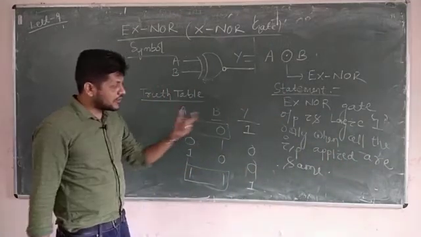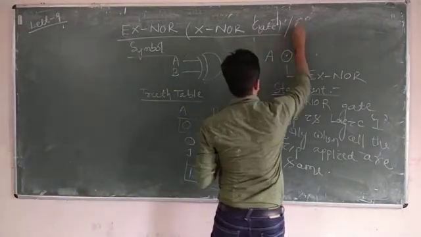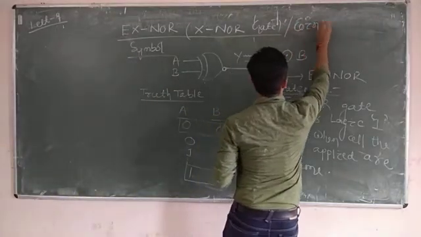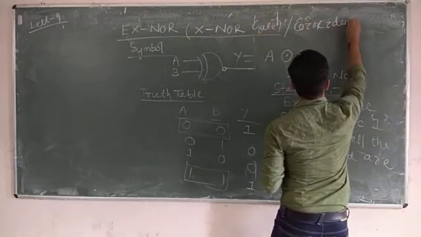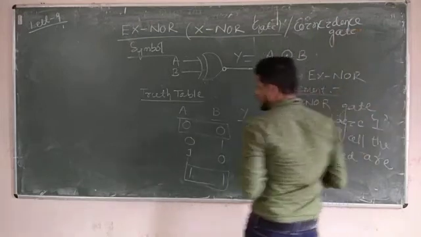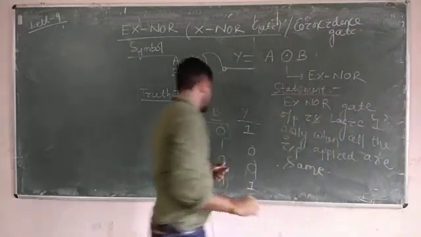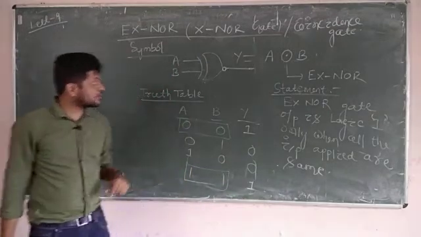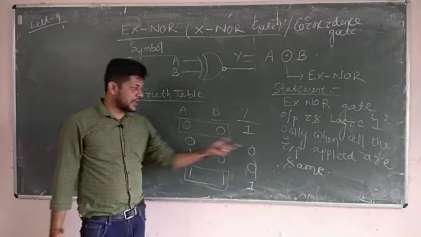Hence, another name for this exclusive NOR gate is coincidence gate. So the exclusive NOR gate produces output 1 only when all the inputs are same.